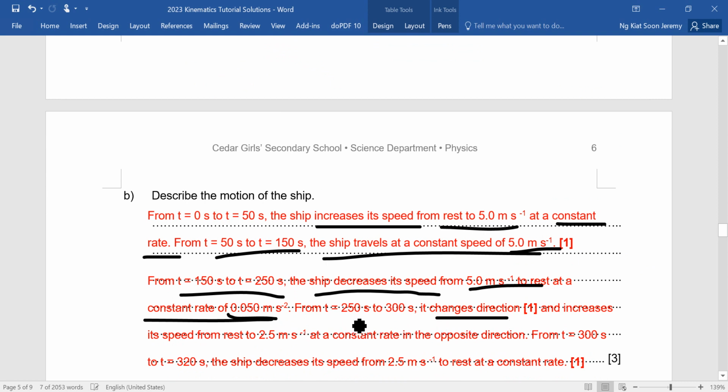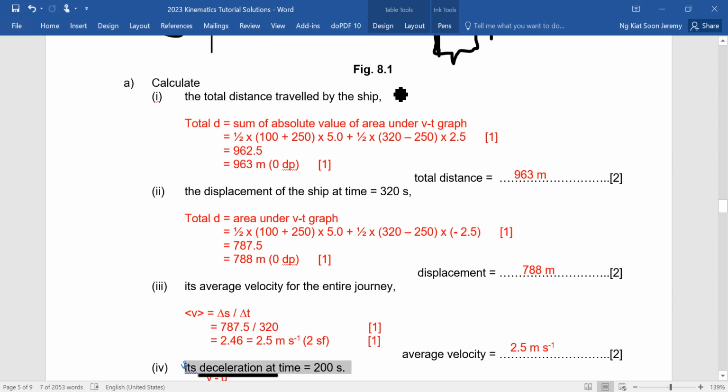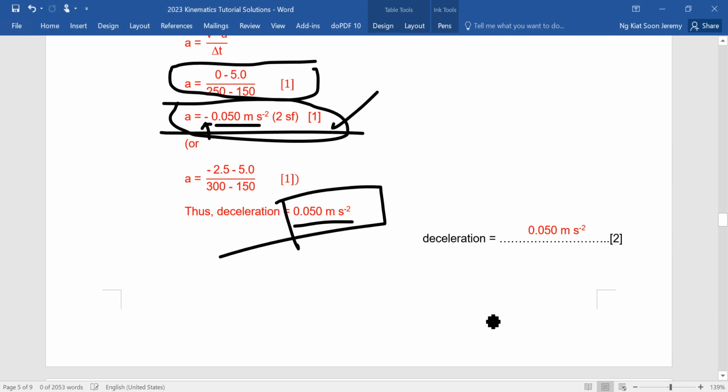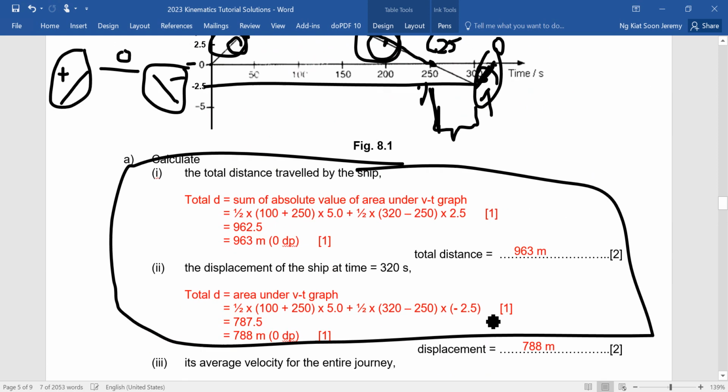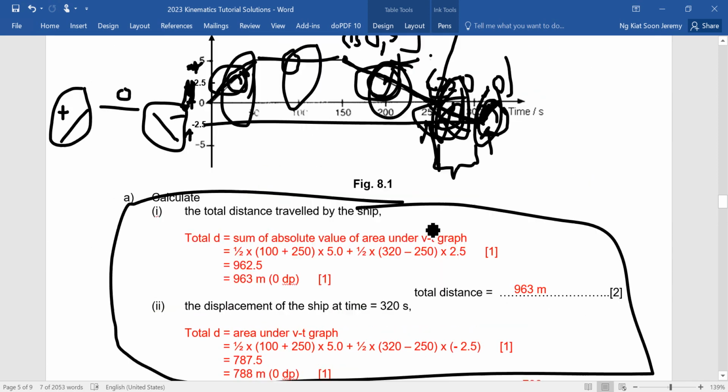Changes direction actually exactly at 250, where it stops. If you go and look at the displacement diagram we used to draw to calculate these two parts, you realize that I changed direction exactly at this point over here where it's 250.